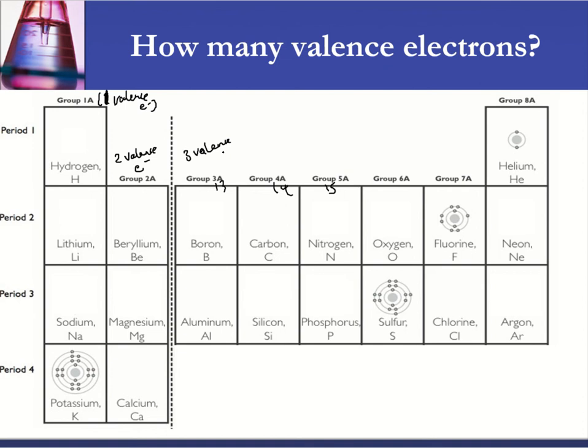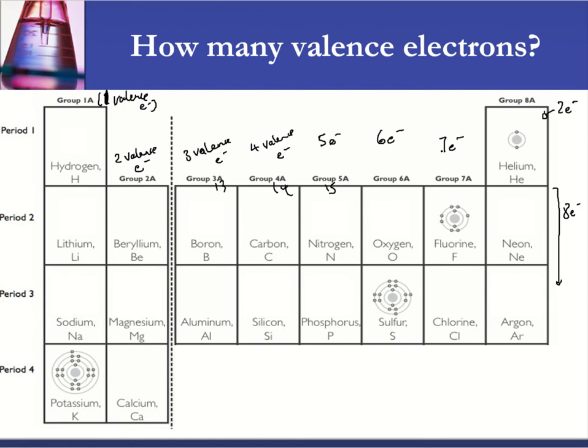Don't get this confused with the charge number. Charge number and number of valence electrons are different, so don't confuse that. That's 4, that's 5, that's 6, that's 7, and this is 8. We said that for helium here, it's a maximum of 2 because it's in the first row.